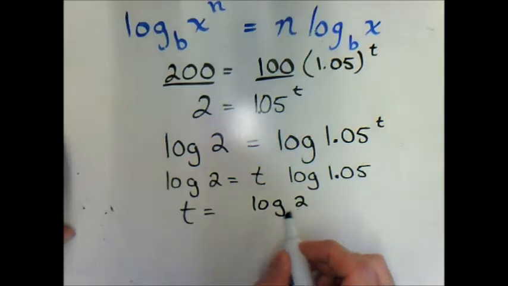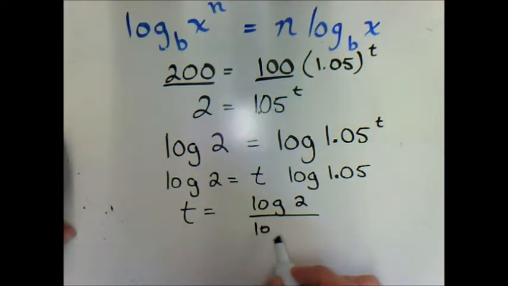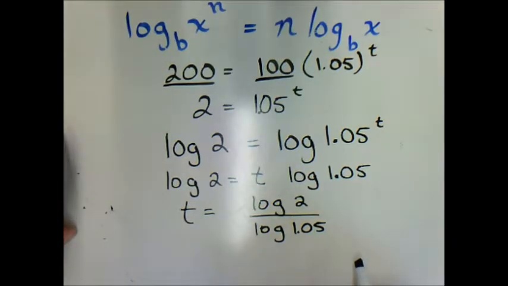t equals the log of 2 divided by the log of 1.05. And I can put that in my calculator and I will come out with the result that t is approximately 14.2.